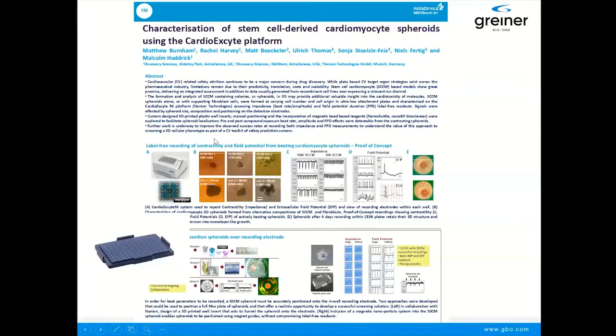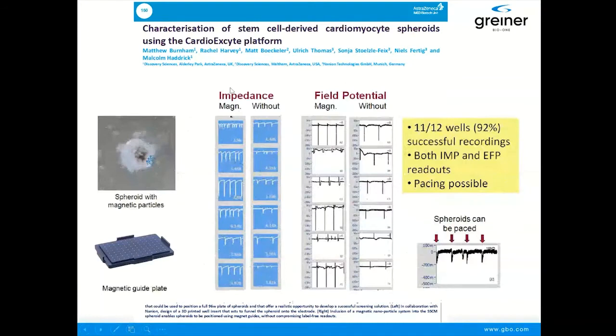So you have impedance field potential, and on the left is with the magnet. You can see a very reproducible beating signal. And if you don't have the magnet, it's just noise. It doesn't really work. So this was really cool work that they did. And I believe they used the NAN-ion system where they guided the spheroids to the electrodes.